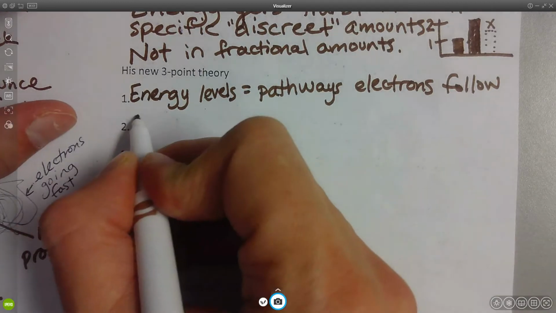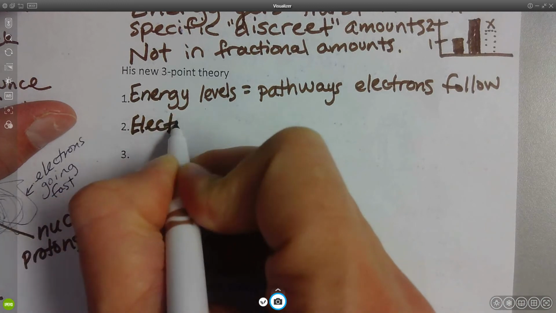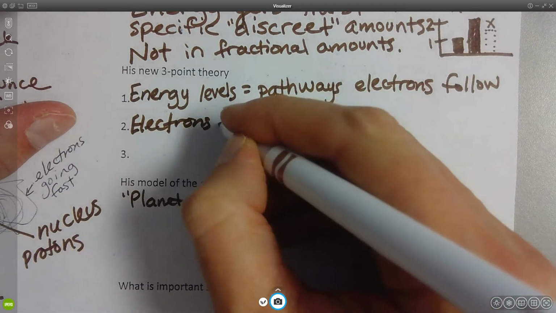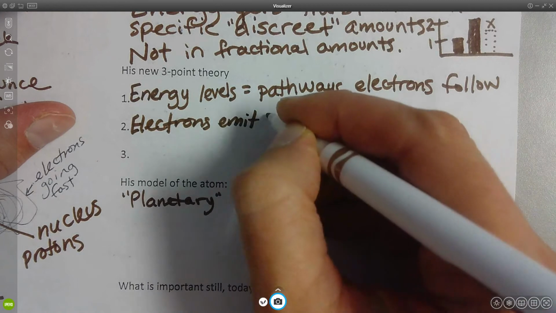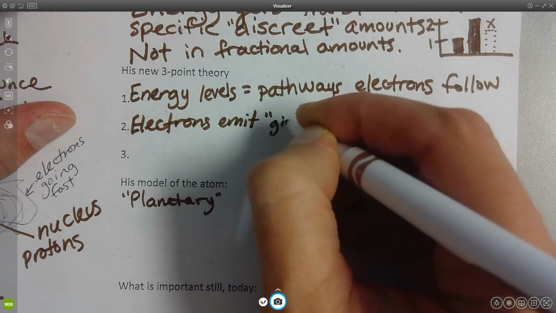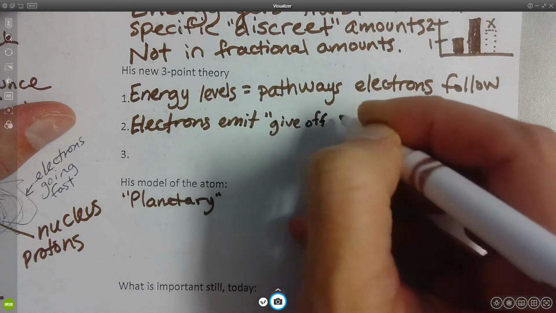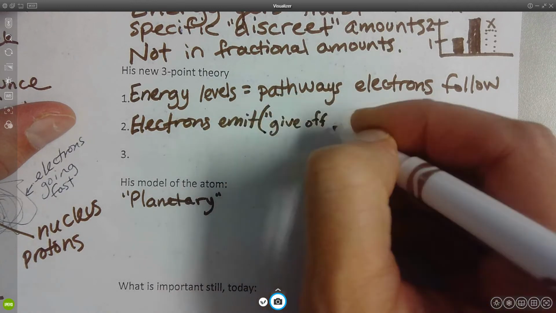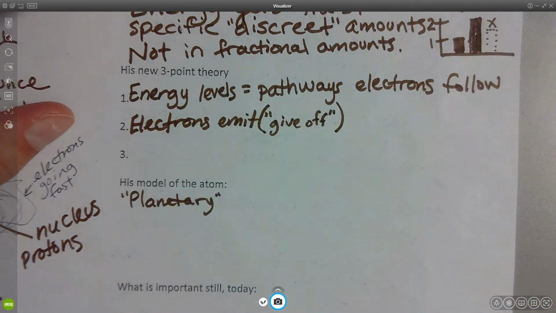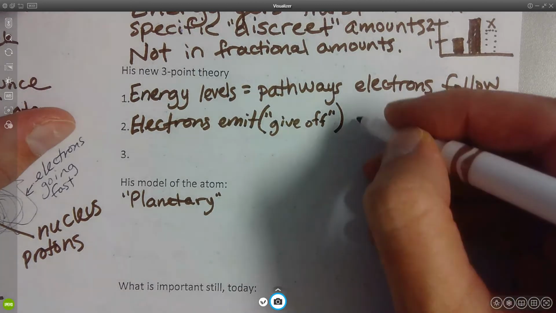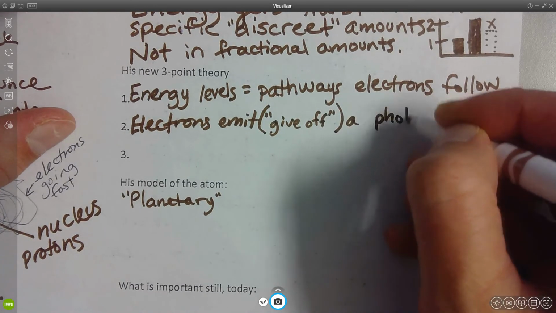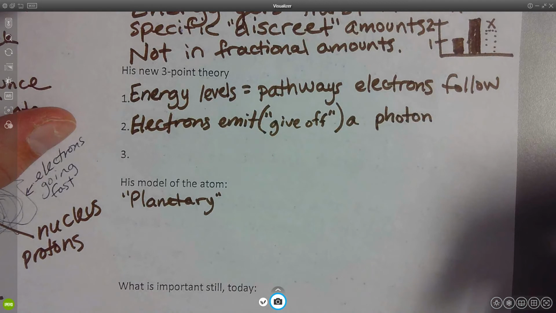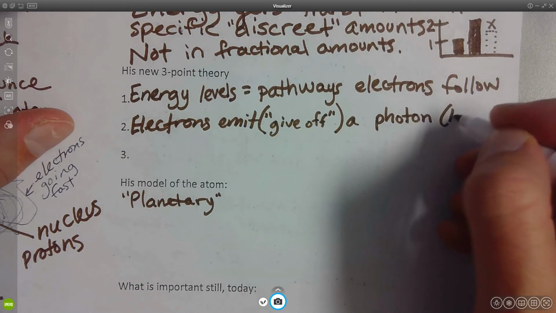The other thing is that electrons do something called emit. And emit means give off something called a photon. And a photon is light.